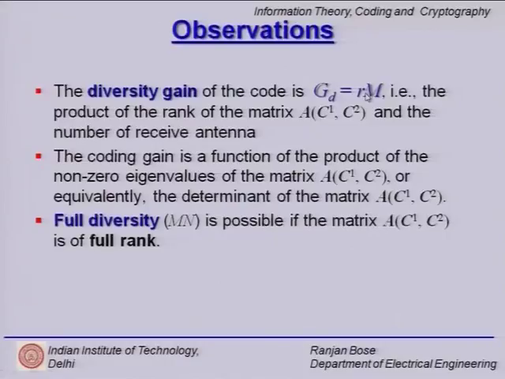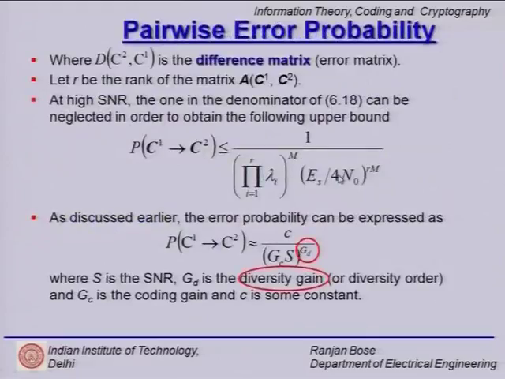The coding gain is a function of the product of the non-zero eigenvalues of the matrix A. Where is this coming from? We go back and see that this GC provides the coding gain. So, this term is essentially the coding gain, and it depends on the eigenvalues of this A matrix. Very interesting.